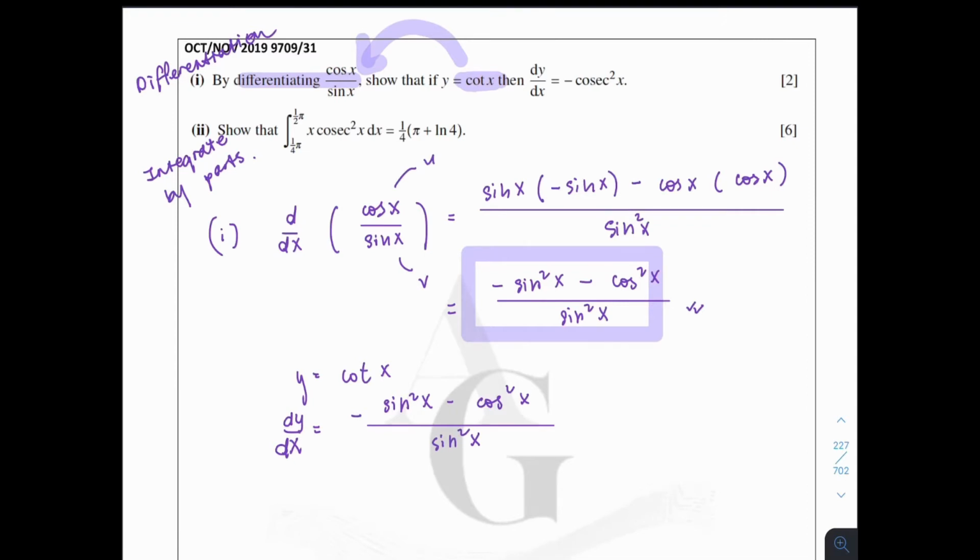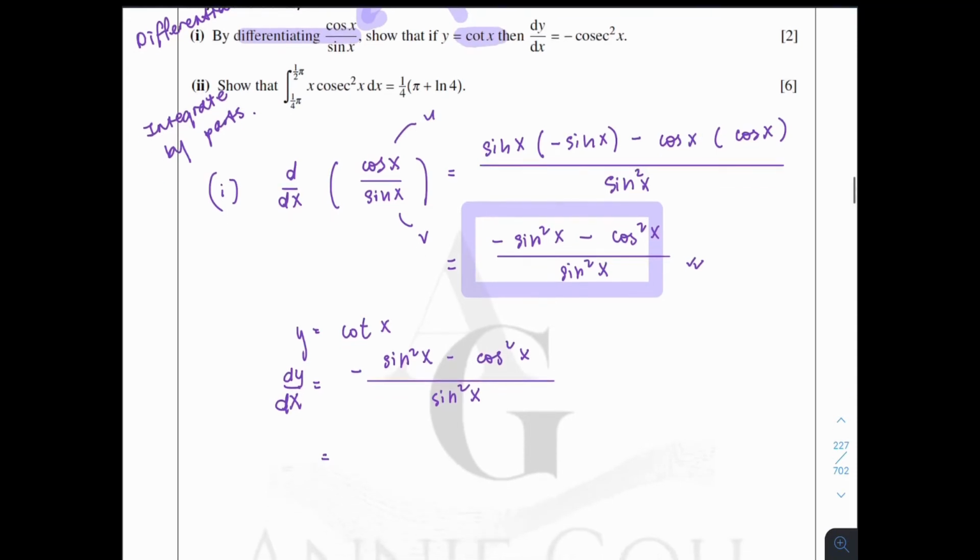So how do we simplify into negative cosecant square? Cosecant is actually 1 over sine, so they just want the answer in cosecant square. Let's simplify this by factorizing the negative from the upper part.